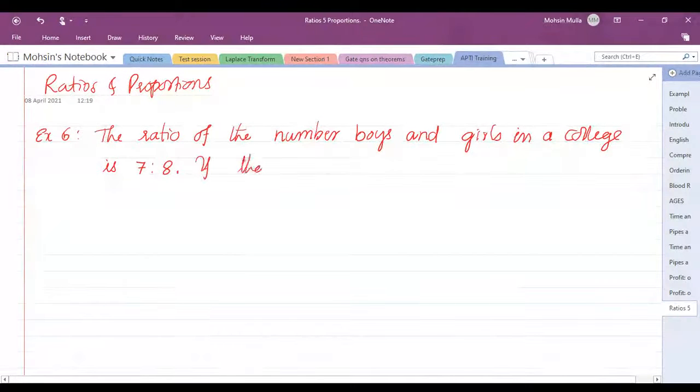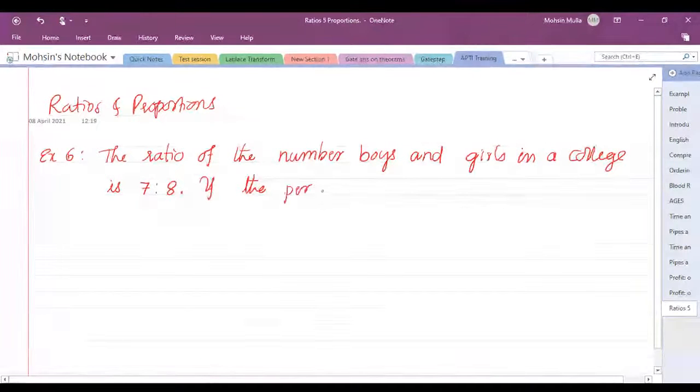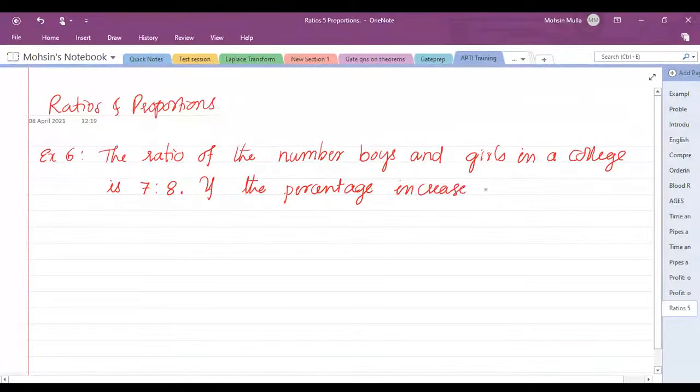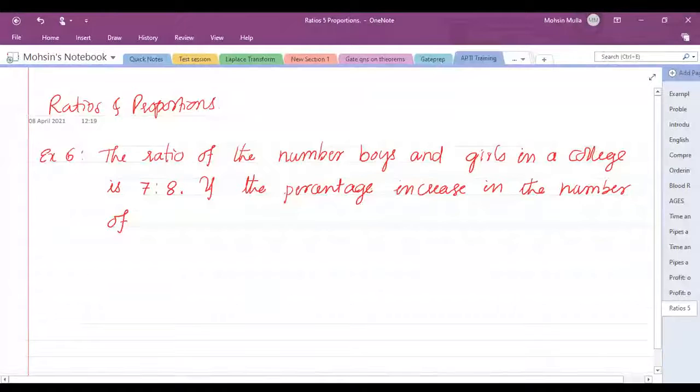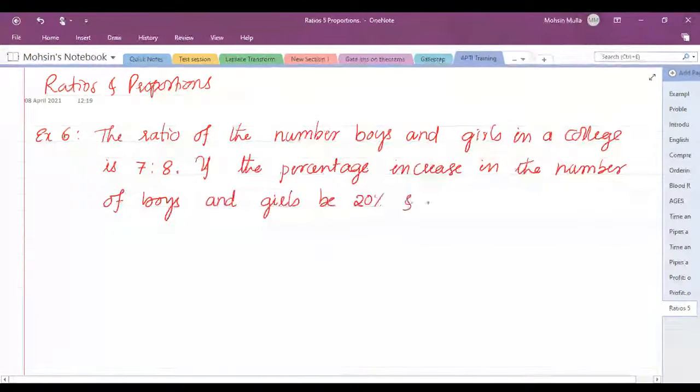If the percentage increase in the number of boys and girls is 20% and 10% respectively, what will be the new ratio?